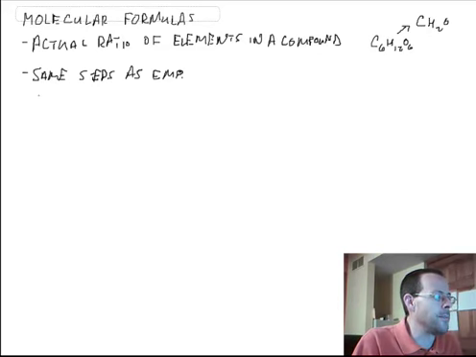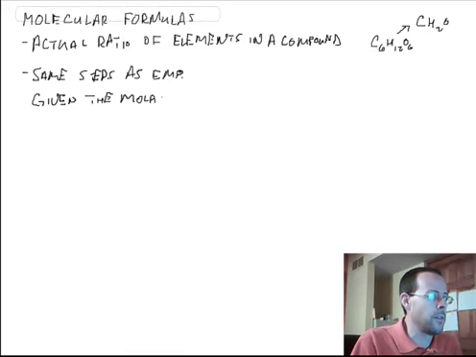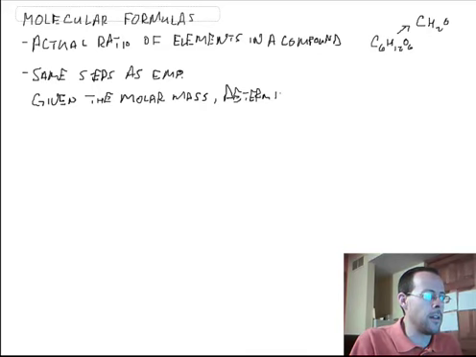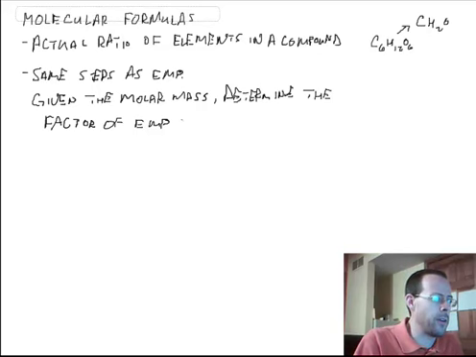Given the molar mass of the molecule, determine the factor of the empirical formula's molar mass, or the empirical mass, to molar mass. Alright, you're going to see how this works in just a second.